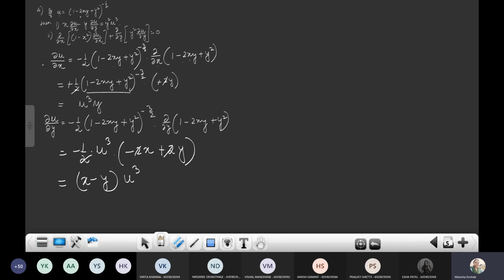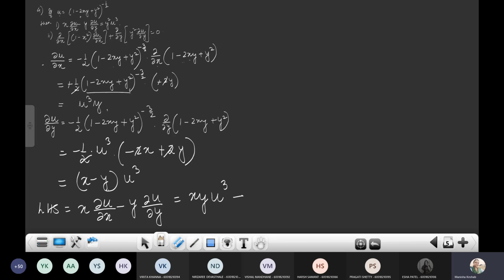So therefore, now let us, left hand side. Left hand side is equal to x into del u del x minus y into del u del y, which is equal to, now multiply this by x. So we will get x y u cube minus, multiply this by y.